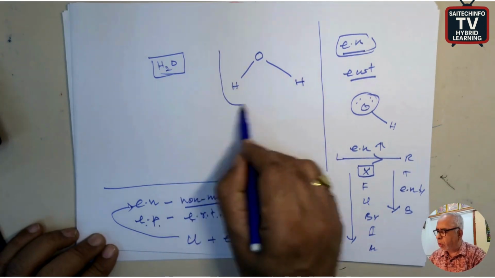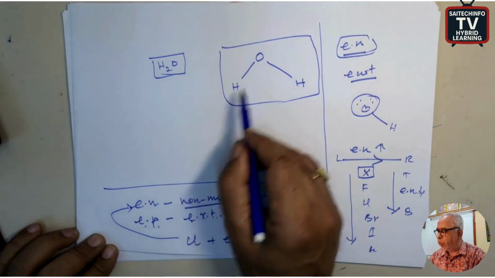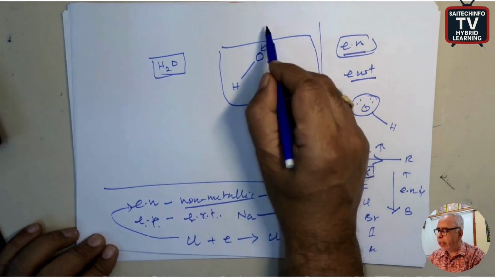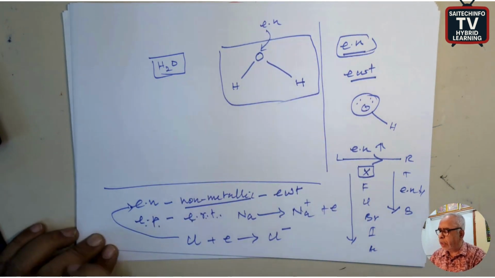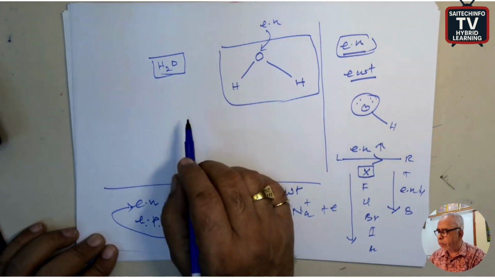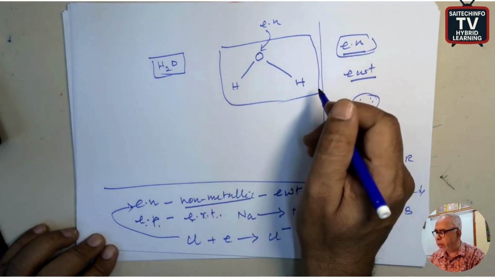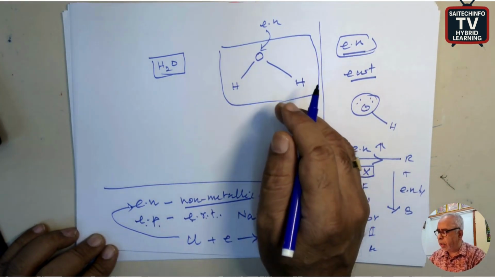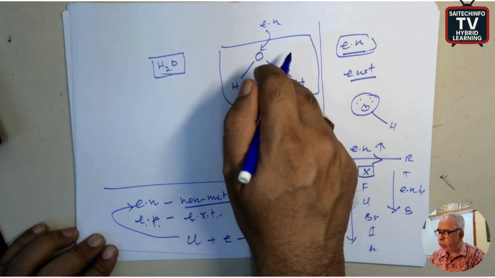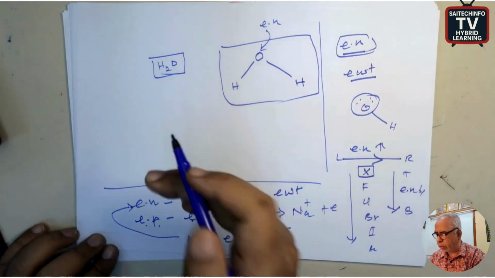Now you've got a water molecule with the electronegative atom. This electronegative atom is capable of developing a bond with hydrogen. It can be either within the same molecule or with another molecule.